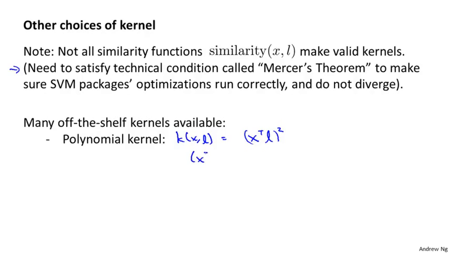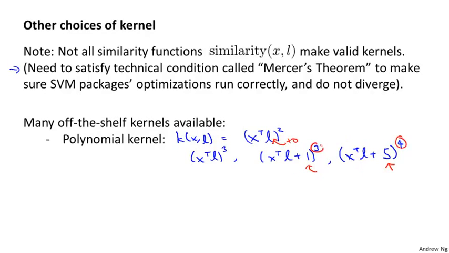Another is x transpose L cubed. These are all examples of the polynomial kernel. x transpose L plus 1 cubed, x transpose L plus maybe a number different than 1, like 5, and then to the power of 4. So the polynomial kernel actually has two parameters. One is what number do you add over here? And it could be 0. This is really plus 0 over there.